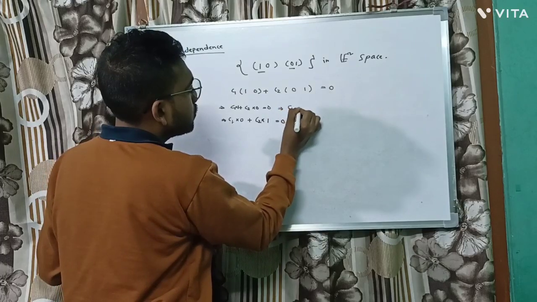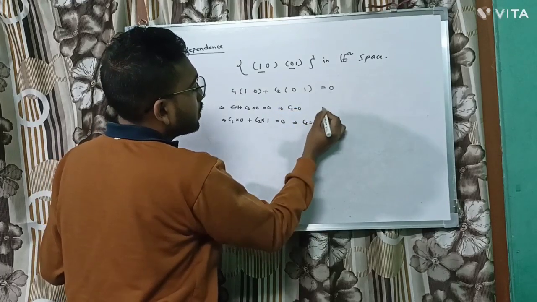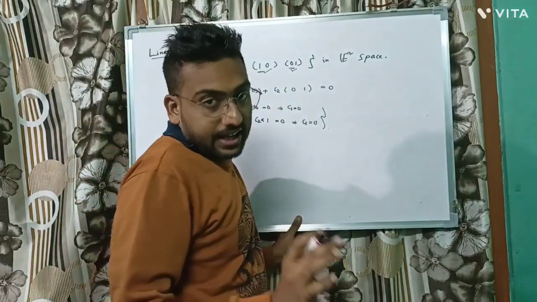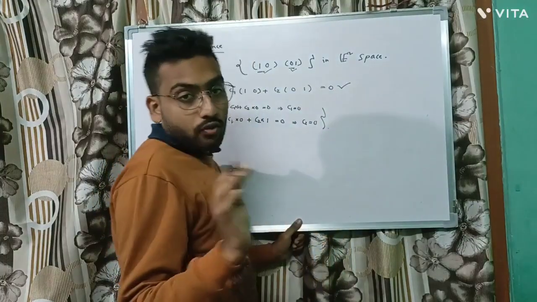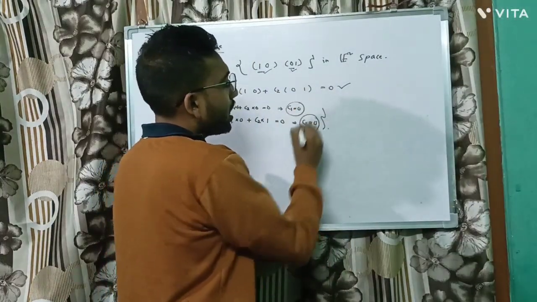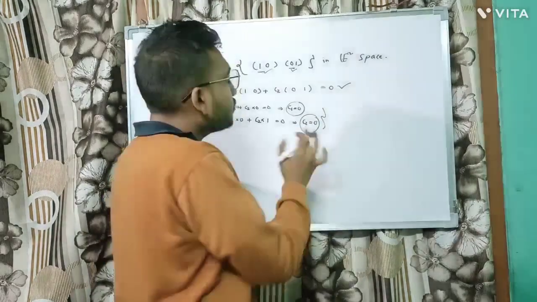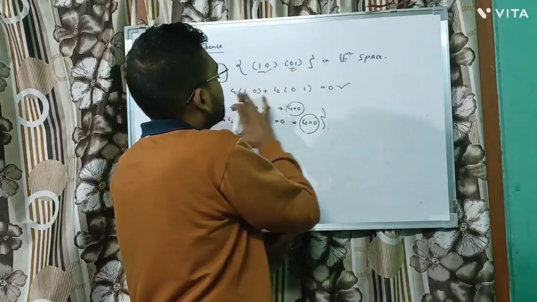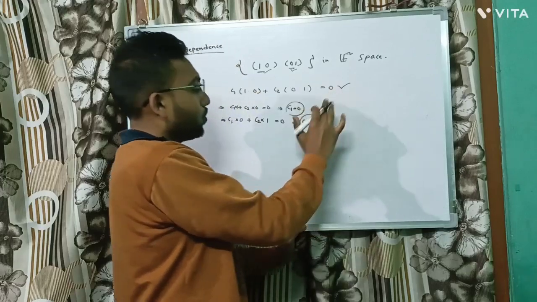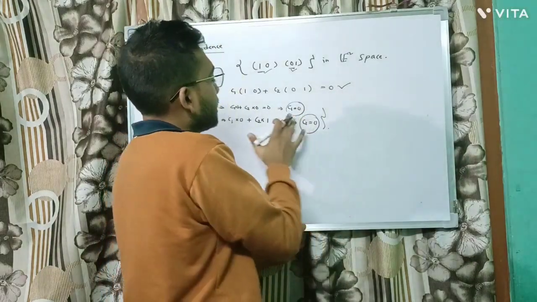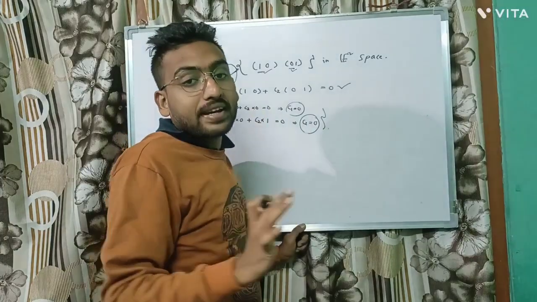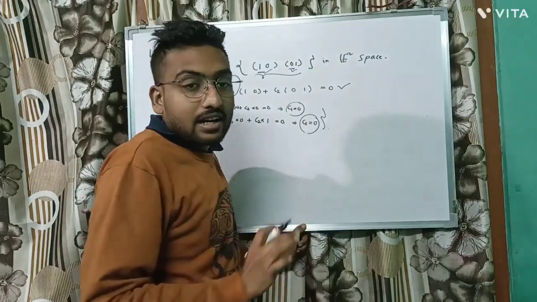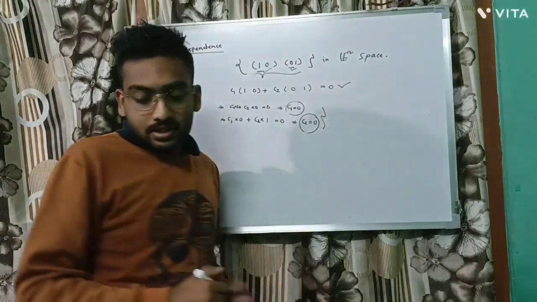That is C1 equal to 0 and C2 equal to 0. So these two vectors satisfy this linear equation only when C1 and C2 are 0. Any other values of C1 and C2 do not allow these vectors to satisfy this equation. So the only trivial solution in this case is C1 and C2 independently 0. So the vectors 1, 0 and 0, 1 are linearly independent in this case.